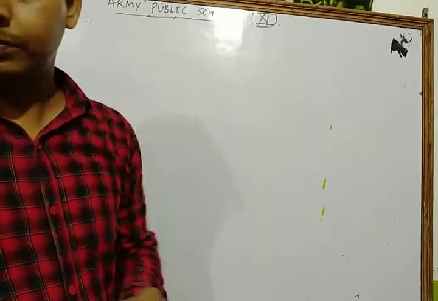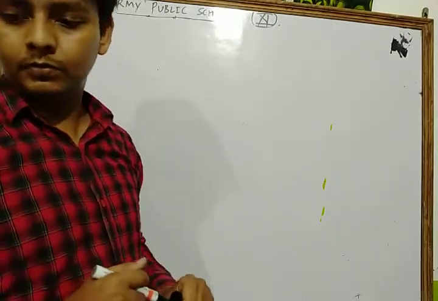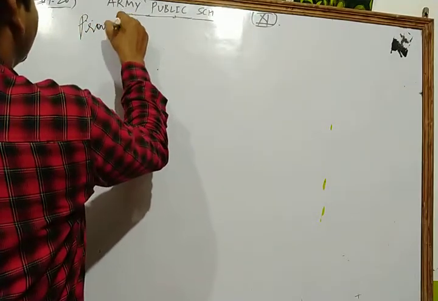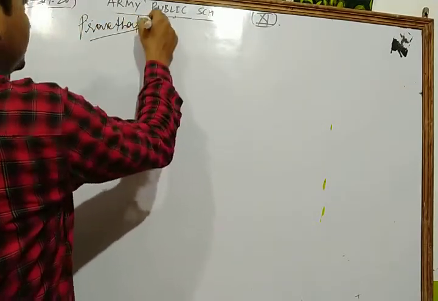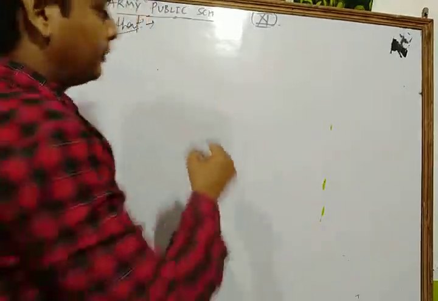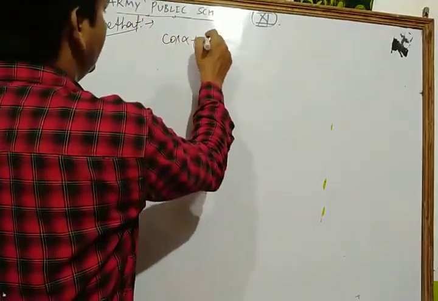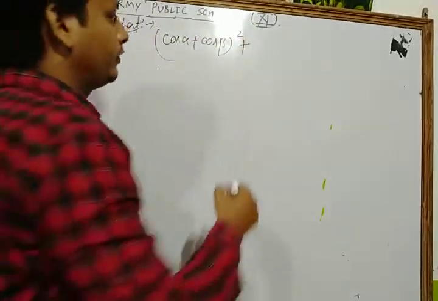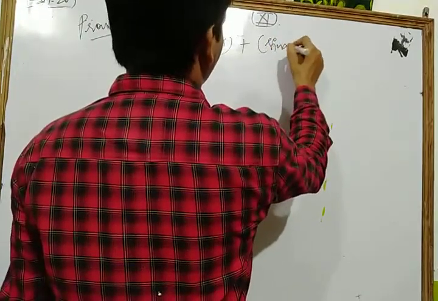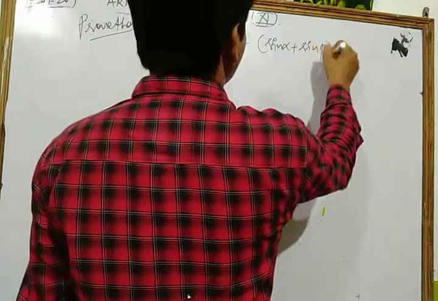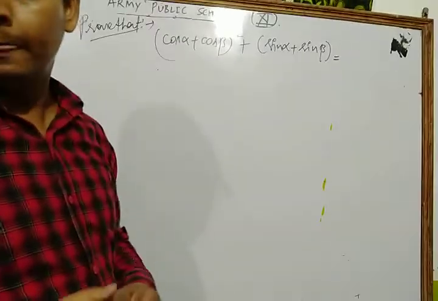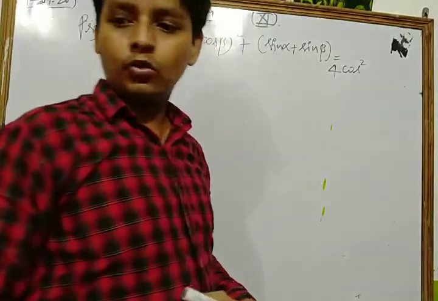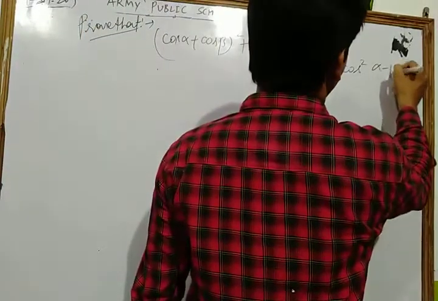Let's see the next question. This is an NCERT problem. Prove that (cos alpha plus cos beta) whole square plus (sin alpha plus sin beta) whole square is equal to 4 cos square (alpha minus beta) upon 2.